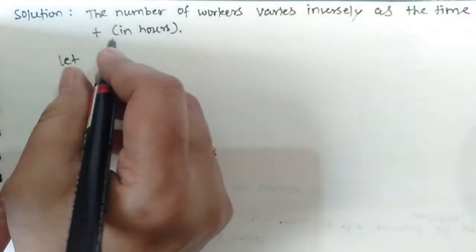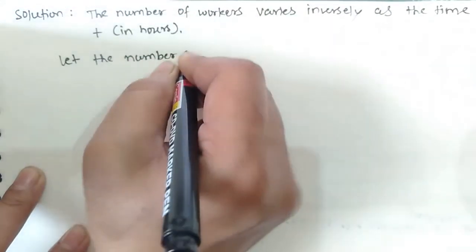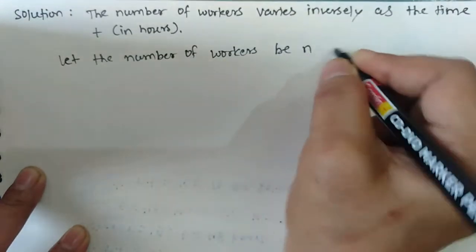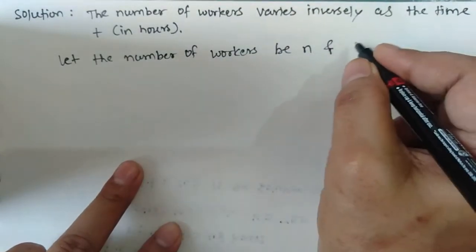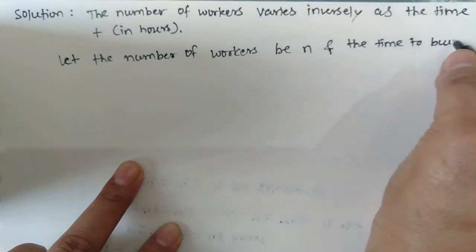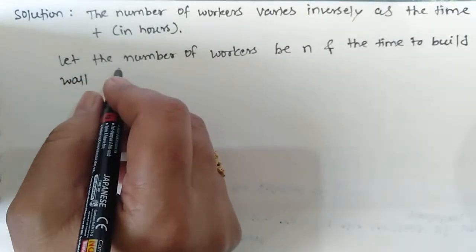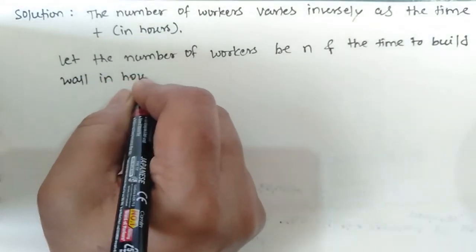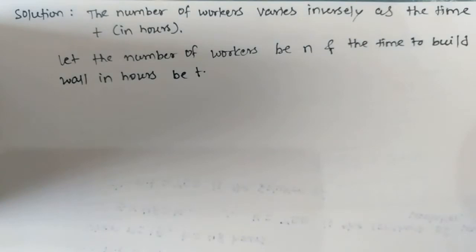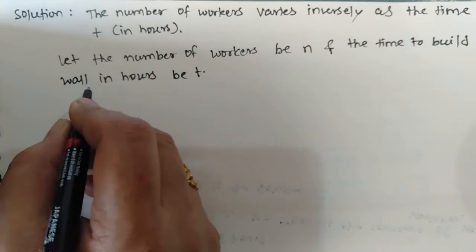Therefore let the number of workers be n and the time to build the wall in hours be T. Now write it in variation form.